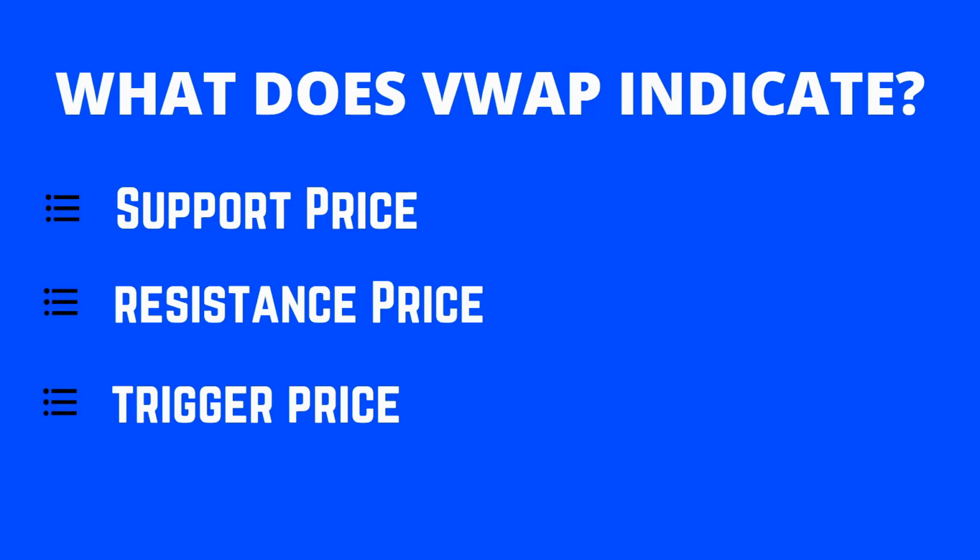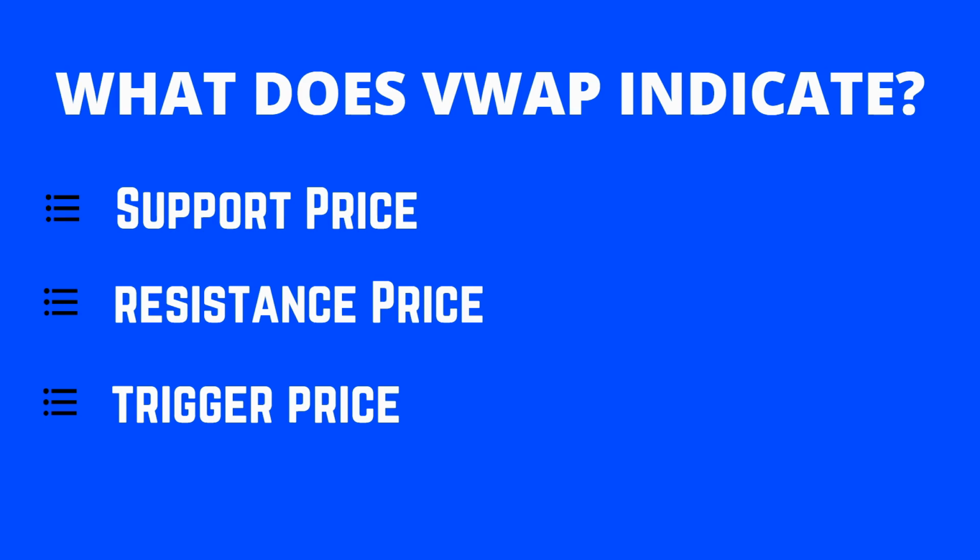So what does the VWAP indicate? The VWAP indicates support and resistance points, or prices, or the trigger point. So what is the trigger point? The trigger point or the trigger price is when you're supposed to enter a trade. It indicates the point or the price where you're supposed to enter a trade.